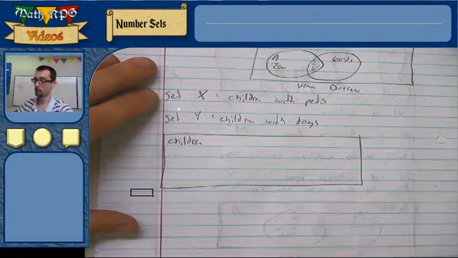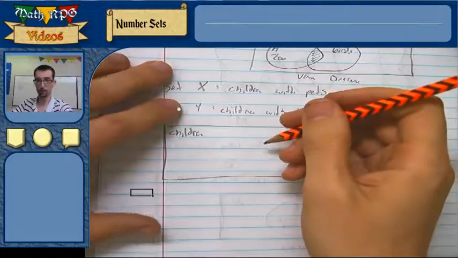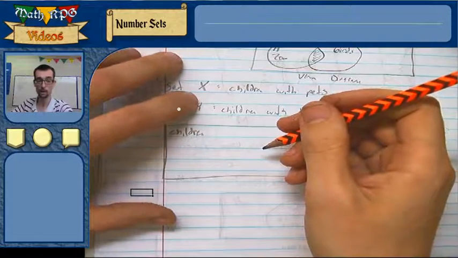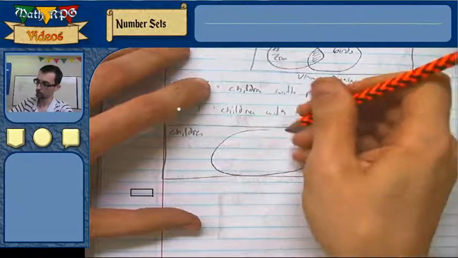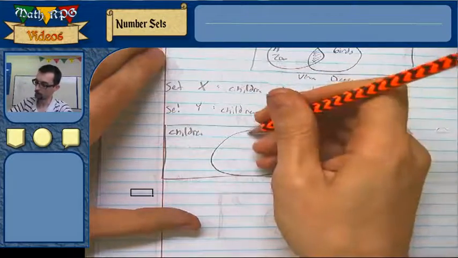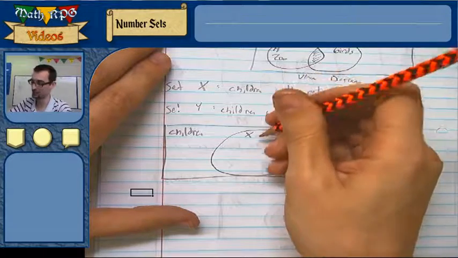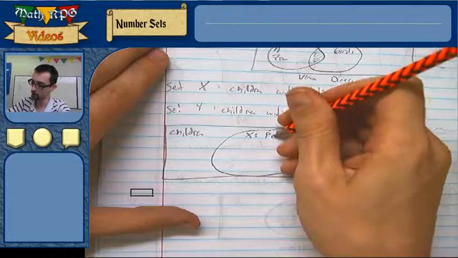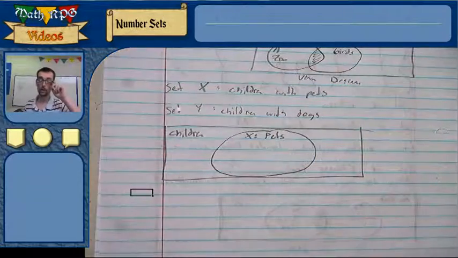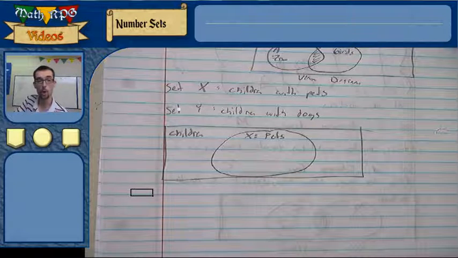They're both children. Now, which is going to be bigger? Well, the children with pets, right? There's more people with pets than there are people with dogs. So here is a circle representing the children with pets. That's set X. Oh boy, little blooper there. All right, this is the children with pets. Now, real quick, are there children who have pets who don't have dogs?